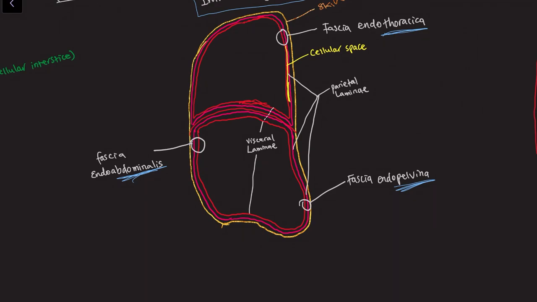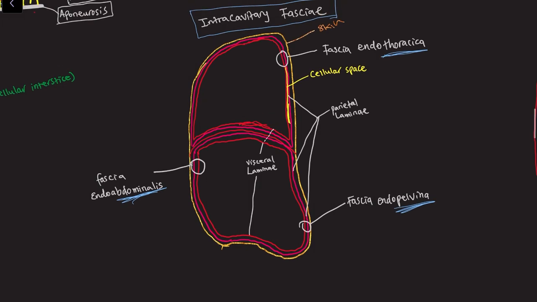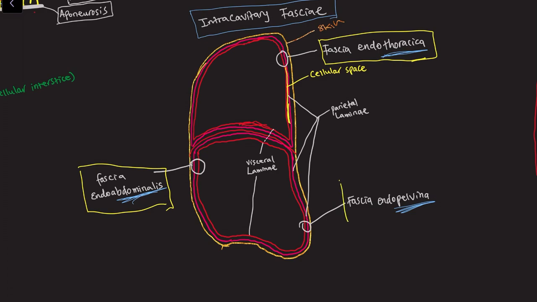Now look at this. The fascia divides into two. For example, in the thoracic cavity, the proper fascia is called the fascia endothoracica. So depending on the region where you find the fascia proper, it takes on the name of that region. Fascia endothoracica in the thoracic cavity, fascia abdominalis in the abdominal cavity, and fascia endopelvina in the pelvic cavity.